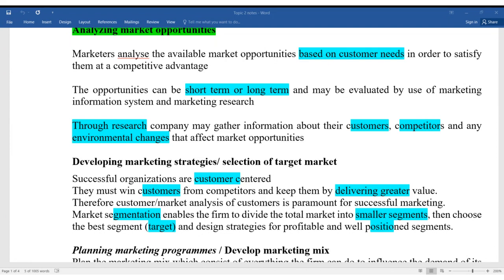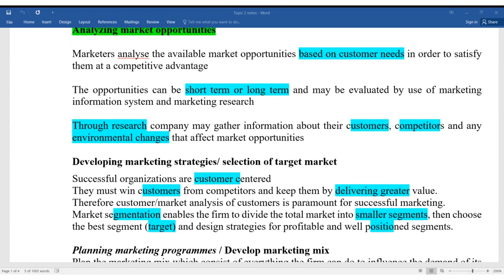The next step in the marketing process, first step, you said you analyze opportunities. Second step, develop strategies. Third step is planning marketing programs. Now, these programs must be based on the marketing mix.